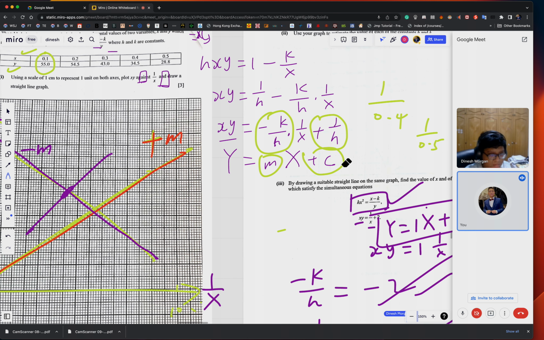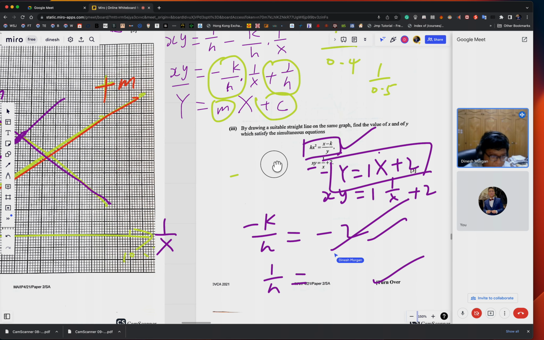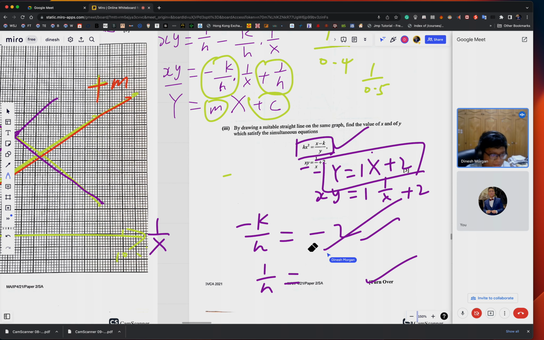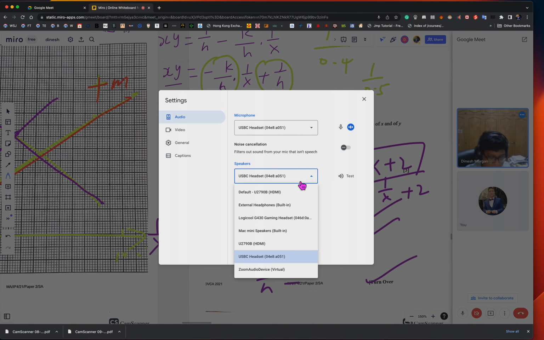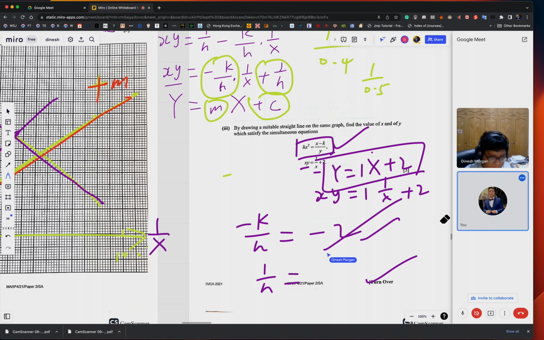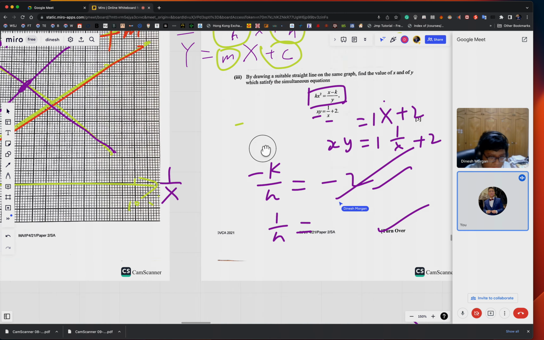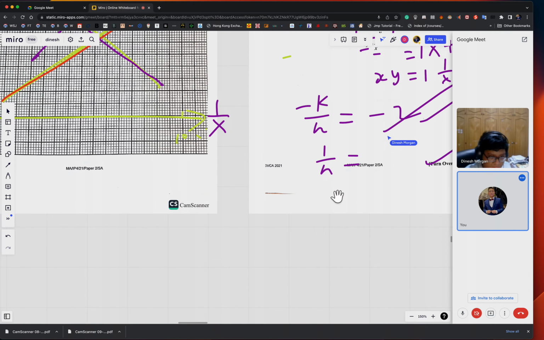The c is 1 over h, yes. Okay, I don't know why you need to go back to the first graph to draw the second graph. There is no need to go back to the first graph to draw the second. Okay, never mind. Let's work it out. It's okay. Good. It shows that you have problems. When you have problems, you need to sort them out.